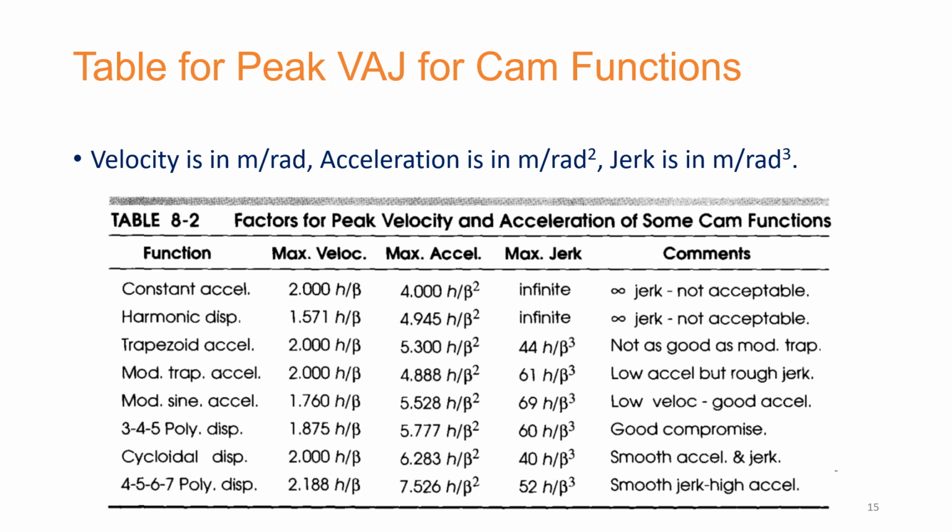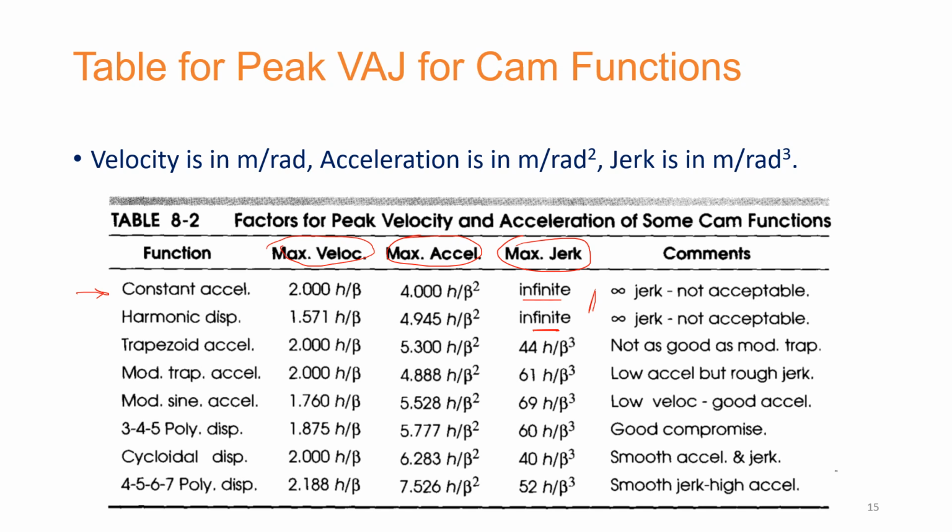In this case, you can see that the maximum velocity, the maximum acceleration and the maximum jerk are being compared alongside each other so that you may reach a reasonable or good compromise. In case of constant acceleration cam profile, you can see that the maximum jerk is unacceptable, and similarly for harmonic displacement as well. With this realization that these are unacceptable, you can take them out from the comparison.